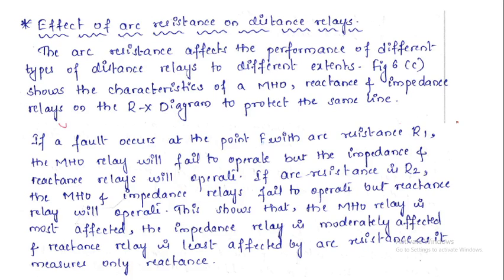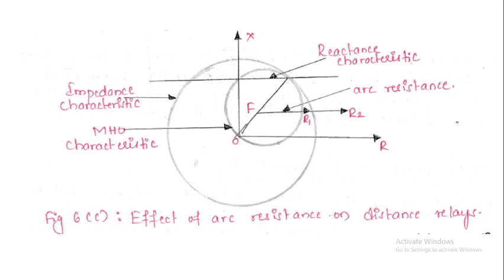Figure 6c shows the characteristics of Mho, reactance and impedance relays on the RX diagram to protect the same line. In this figure, the circle having the larger diameter is the impedance characteristic, the one passing through the origin is the Mho relay characteristic, and the line parallel to the R axis is the reactance relay characteristic.